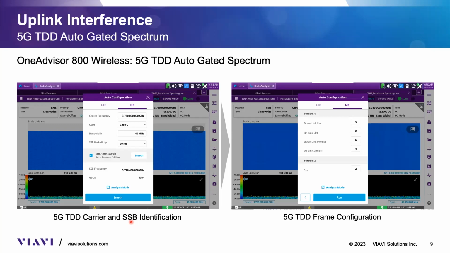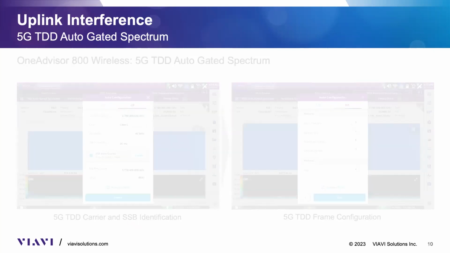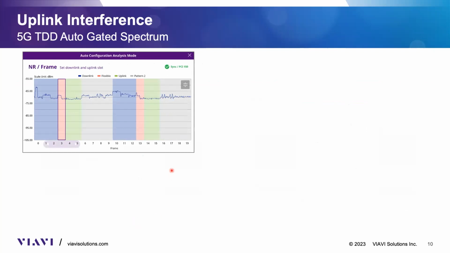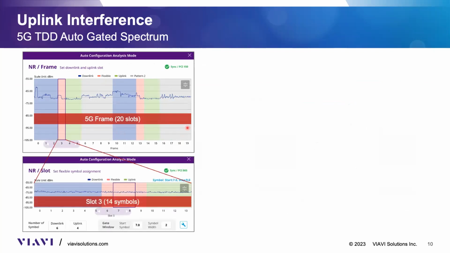With this information, now that we know where those slots are, we have visibility of my frame, and then we can zoom into my flexible slot. As you can see here, I have visibility of all the different symbols, my 14 symbols.